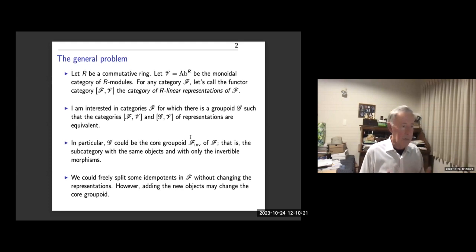If you split idempotence in the category, that doesn't change the representations, but it does change the core groupoid. So you can see that the core groupoid is not necessarily the only thing that could work. That might only work after you've split some idempotence.